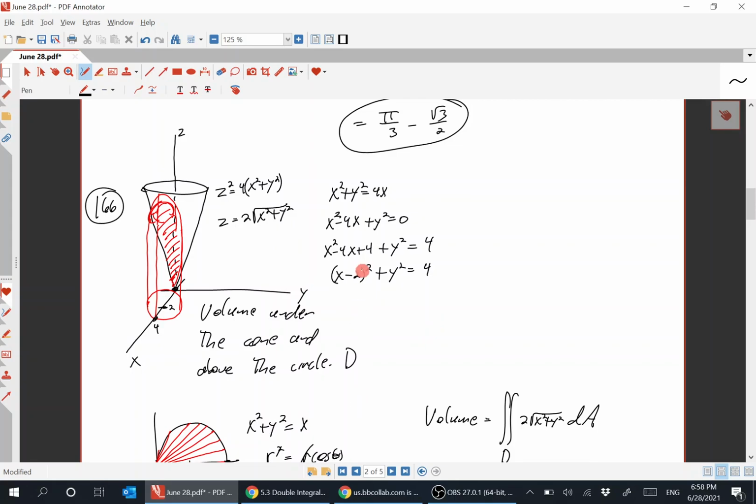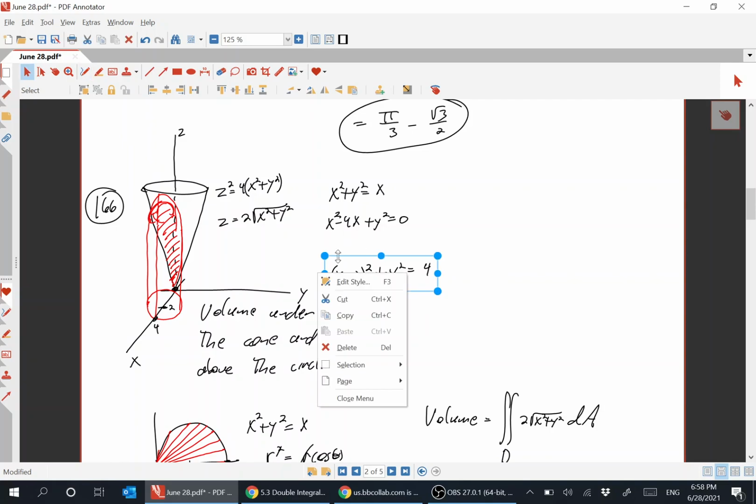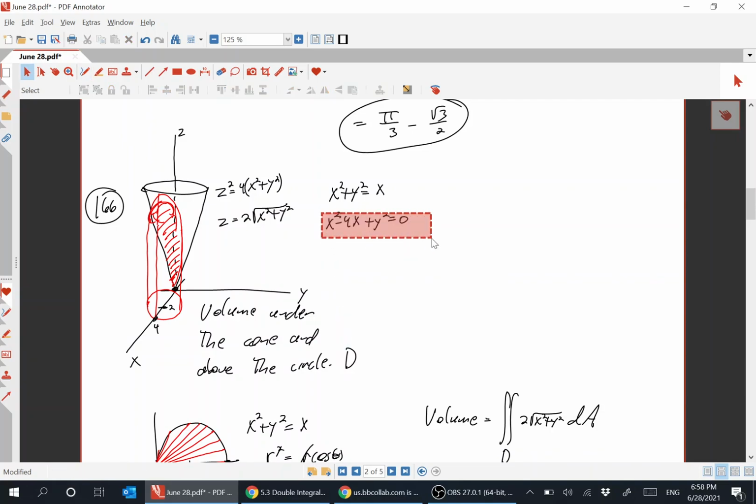And here, it's just x. So doing the same kind of trickery, this is x squared minus x plus y squared equals 0. So I get x squared minus x plus 1/4 plus y squared equals 1/4.